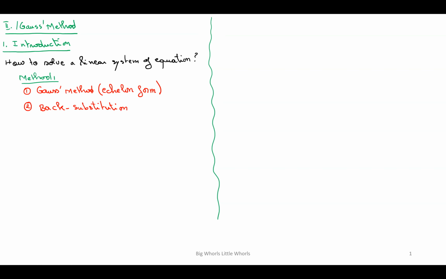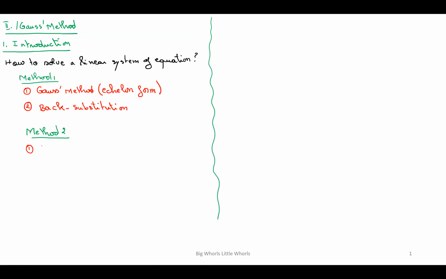The first method, the most used method, is Gauss plus back substitution. But later on in this chapter, we will see a second method, which has only one part, and that's its advantage.